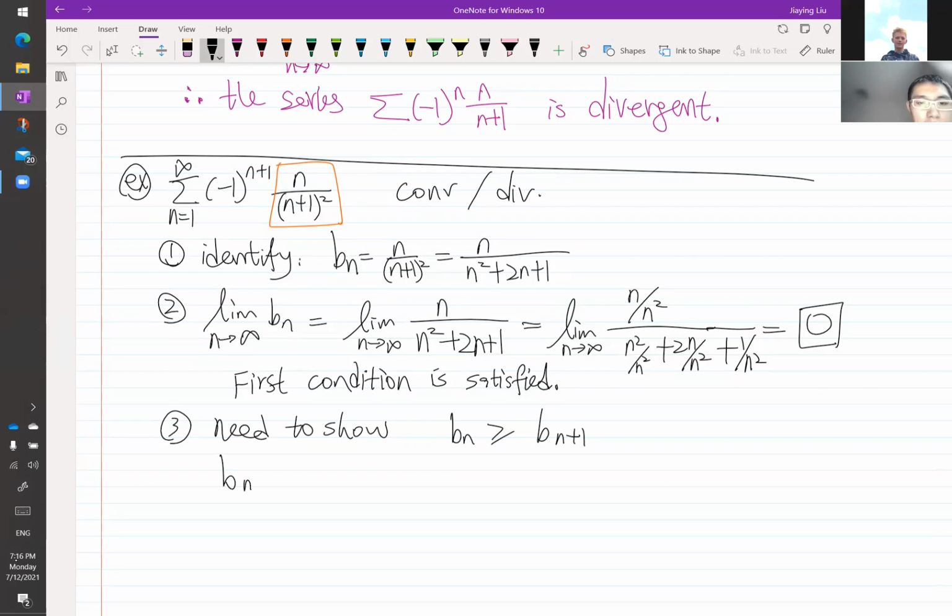Well, I have Bn, which is n over n squared plus 2n plus 1. And then Bn plus 1.